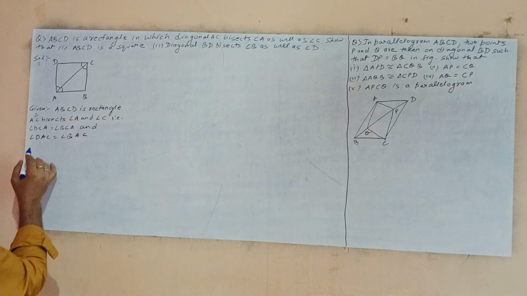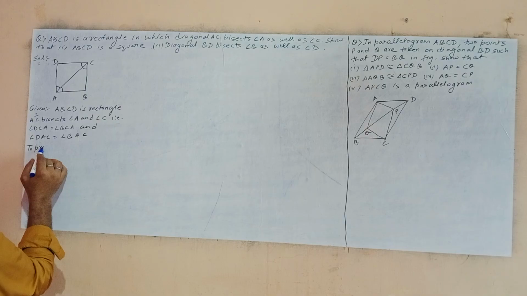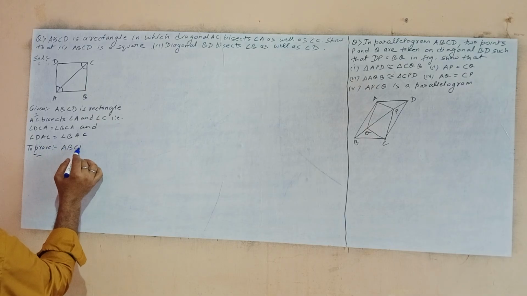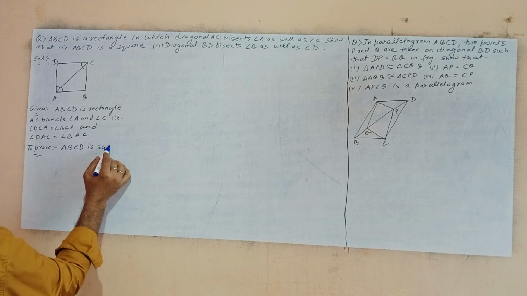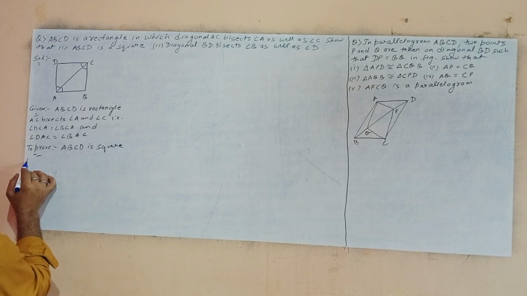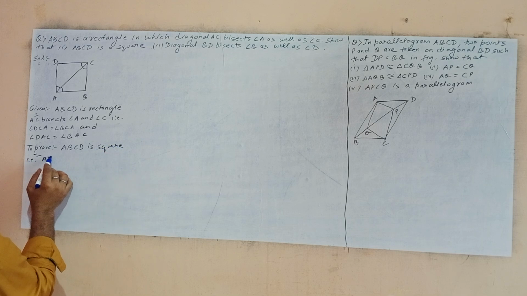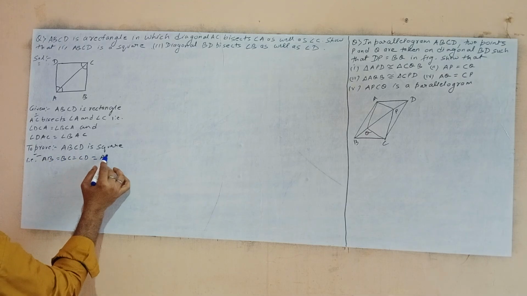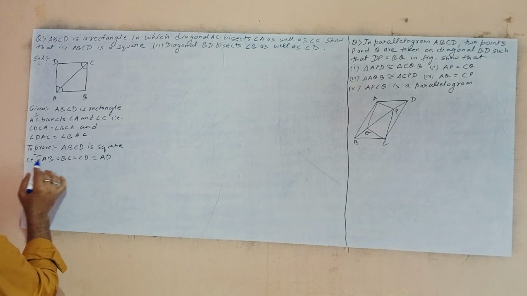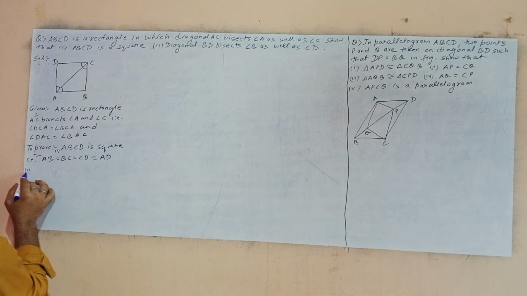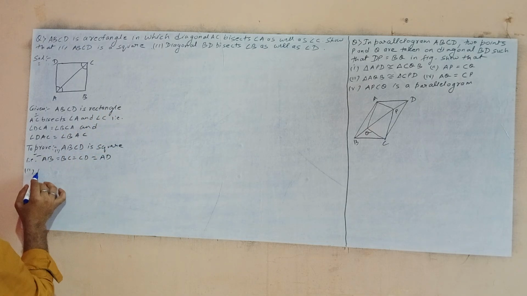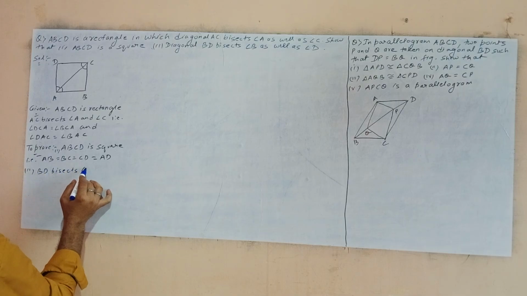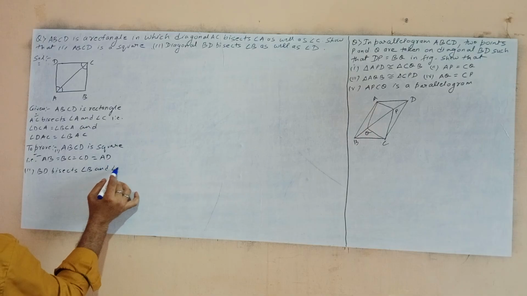Now you have to prove ABCD is a square. That is, you have to prove AB is equal to BC is equal to CD is equal to AD. Second thing, you have to prove diagonal BD bisects angle B and angle D.